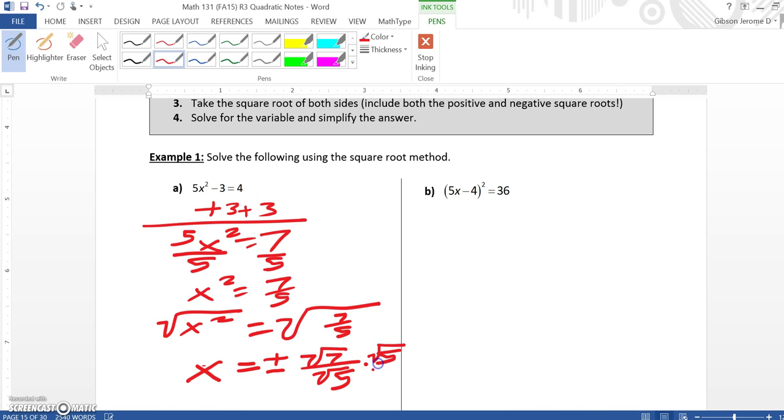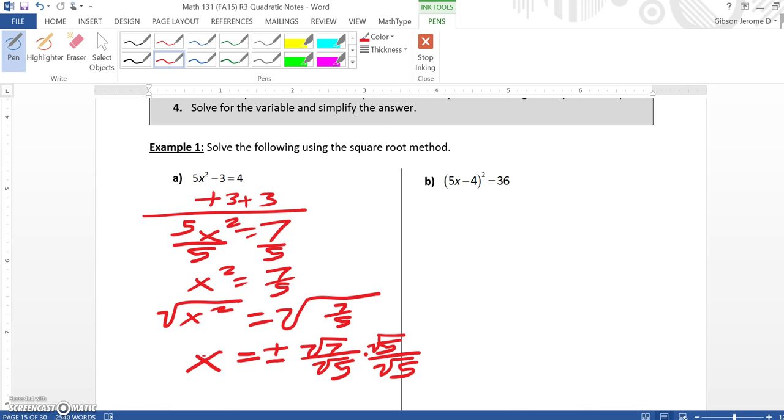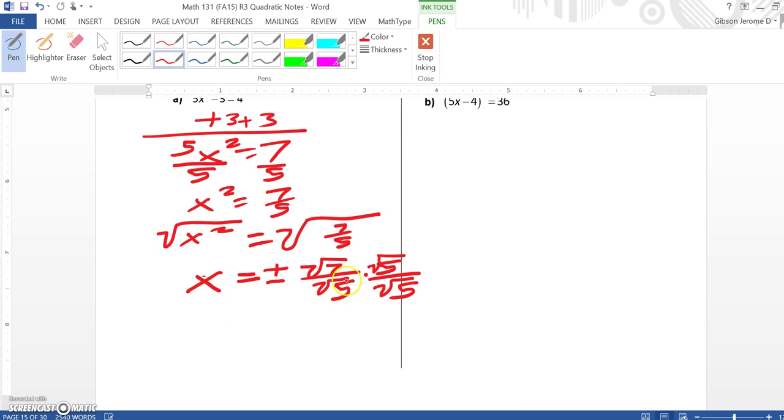So we will multiply the numerator and denominator by the square root of 5. So we have plus or minus square root of 7 times square root of 5, to give us the square root of 35. And then the square root of 5 times the square root of 5, we know would give us positive 5. And that is our final answer.